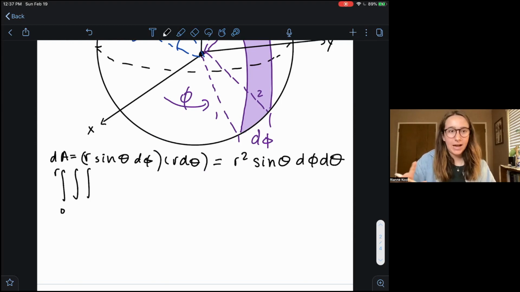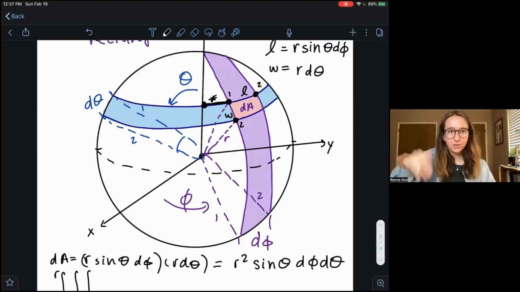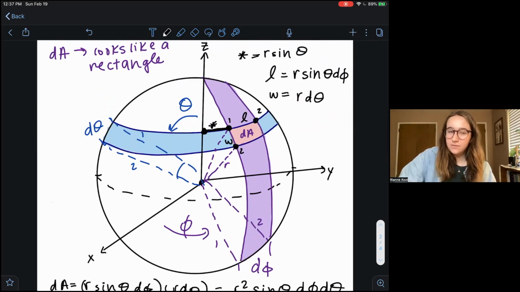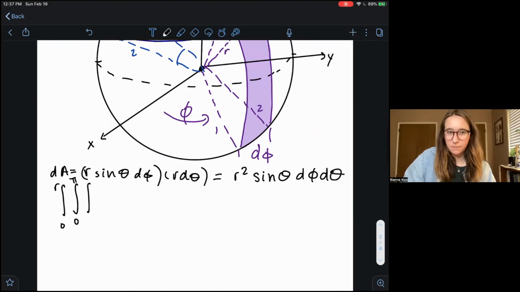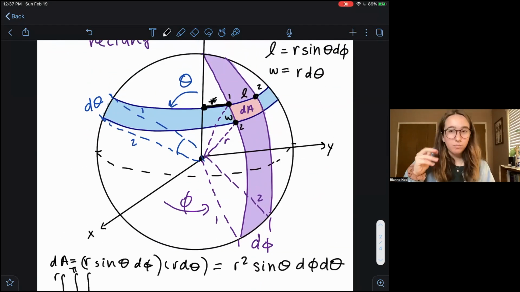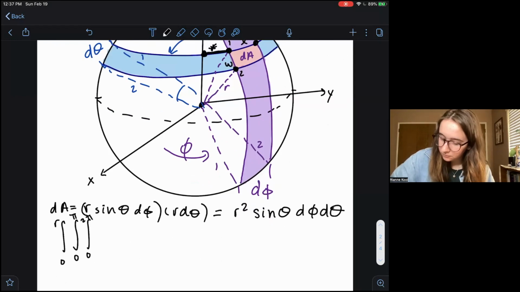And now we have our theta. So for theta, just like before, our theta goes from 0 to pi. So it goes from the positive end of the z-axis to the negative end of the z-axis, which is just pi radians around. And our phi value, just like before, goes from 0 to 2 pi. Okay, so now we're going to put in our value.